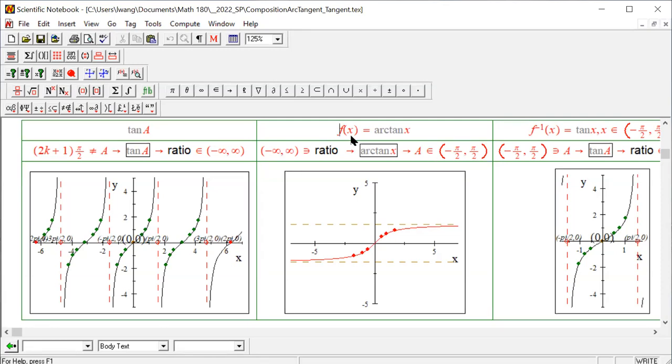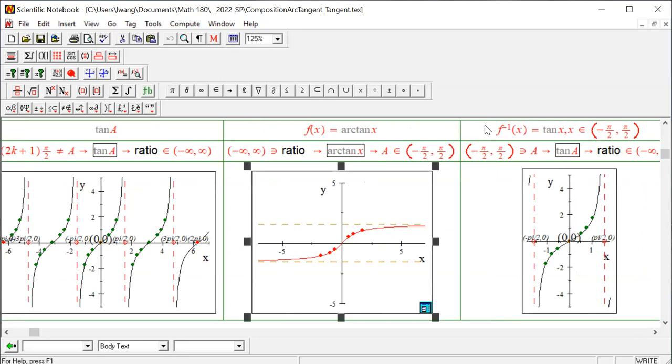In fact, this arctangent is the inverse function to this tangent, where only the middle piece, from negative pi over 2 to pi over 2, is discussed, right? So these two functions are inverse to each other.